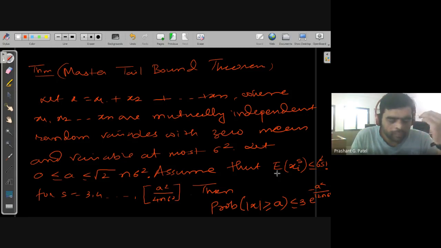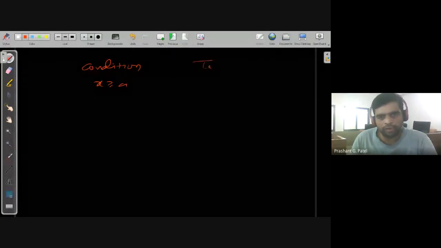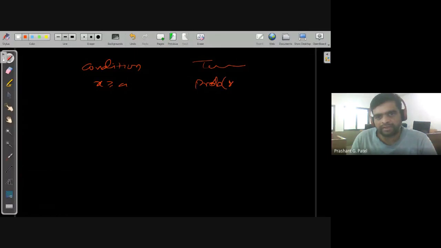In this series, a tail bound is important. For example, in Markov's inequality, the condition is that x is greater than or equal to a, and the tail bound that we have is the probability of x greater than or equal to a is less than or equal to the expected value of x upon a.